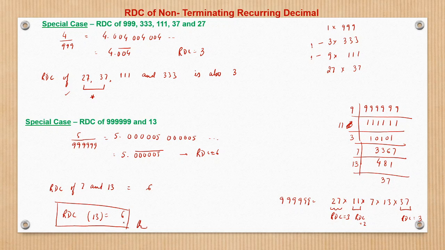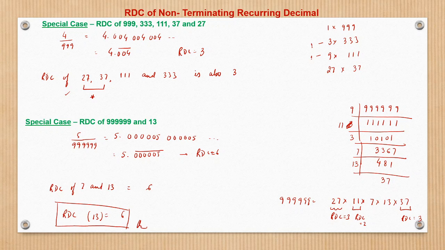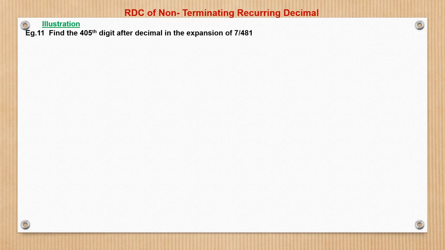Then again 27, we know RDC is 3 because this is a multiple of 999. Then 37, we know 37 has an RDC of 3. So that way we have seen some special cases wherein we know the RDC of all those numbers. Those numbers we can now use and solve some questions here.